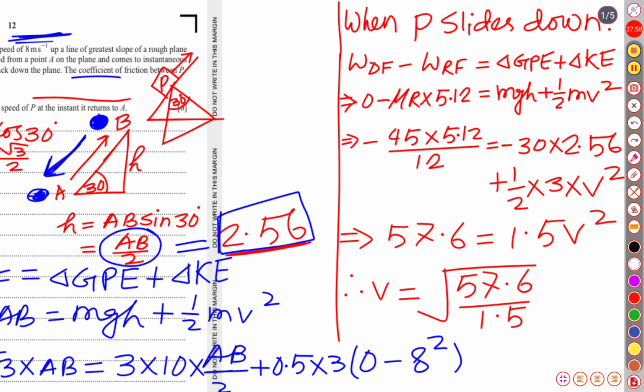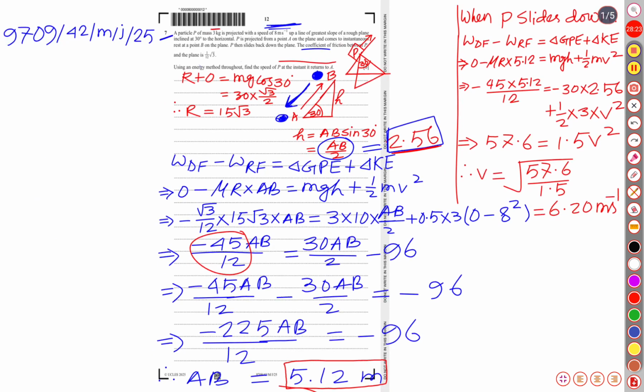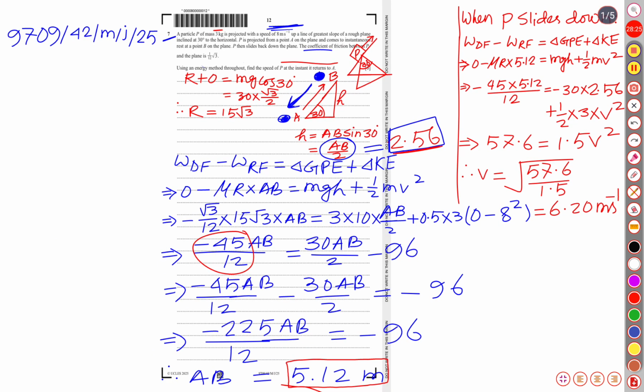If we divide 57.6 by 1.5 and take the square root, rounding to three significant figures, it is going to be 6.20 meters per second, the velocity of particle P when it comes back to A again. So that's all about the solution to this question. Let's see the next question.